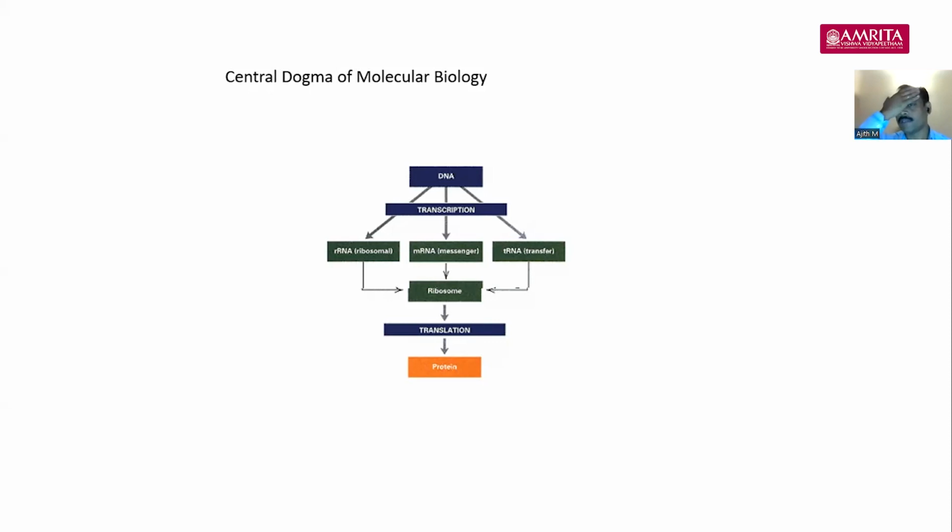DNA is nucleic acid. RNA again is nucleic acid, but a slightly variant of the raw material that goes into the making of the DNA. Here you call it ribonucleotide. There you call it deoxyribonucleotide. Because a 2' OH group is missing in the case of dNTPs, or deoxynucleotide triphosphates.